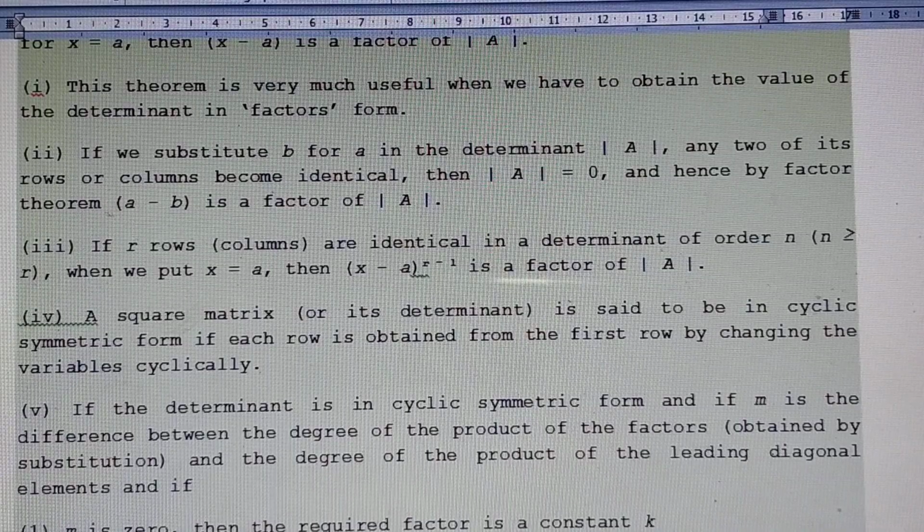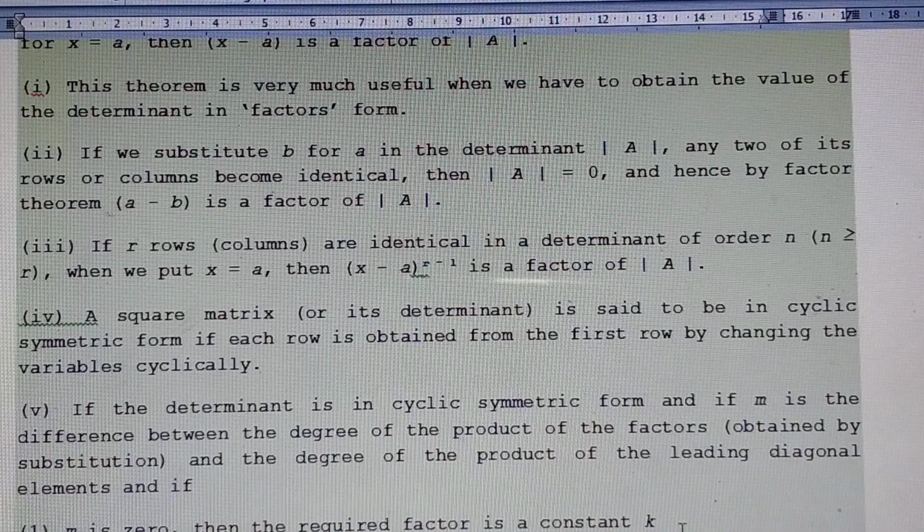So, ito na, dito na tayo mamimili. Kung ang kalalabasan daw nung m ay 0, then the required factor is a constant k. Ngunit, kung ang m ay equivalent ng 1, then the required factor is k multiplied by the quantity a plus b plus c. Ngunit, kung ang m ay equivalent ng 2, ito naman yung kanyang factor.